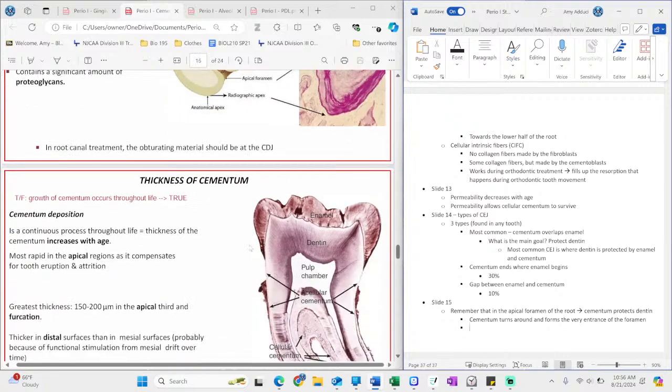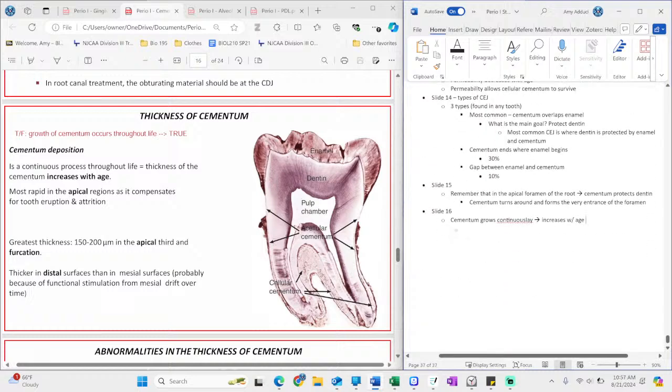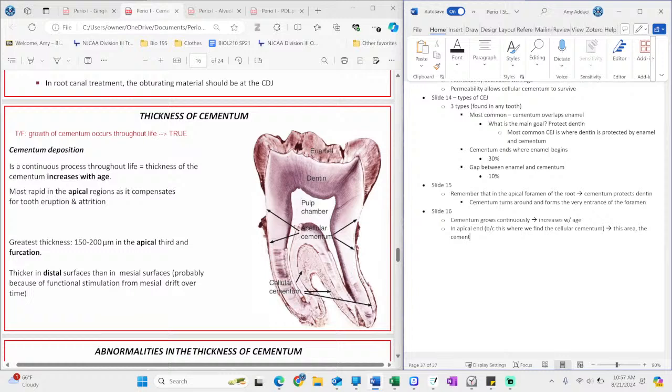Regarding the thickness, because cementum grows continuously, the thickness is going to increase with age. The other thing is that in general, in the apical end, because this is where we find the cellular cementum, the cementum is thicker in the apical third than in the cervical third.